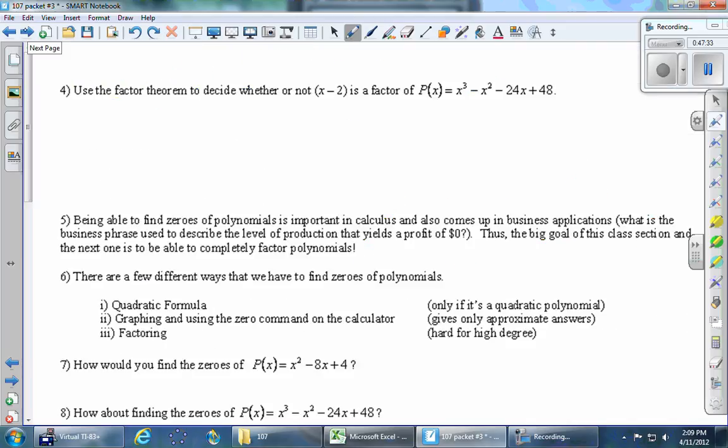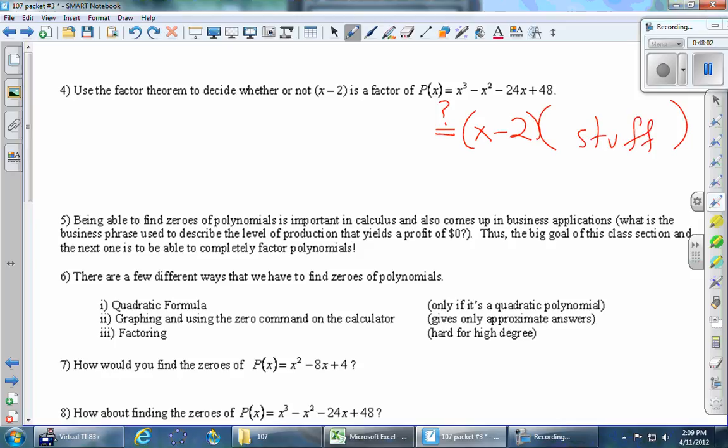Okay, let's take a look at this. Number 4. Connor. Okay, so here's the question. Is that polynomial equal to x minus 2 times some stuff?